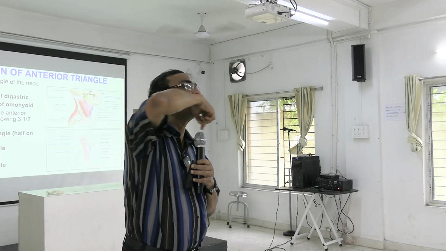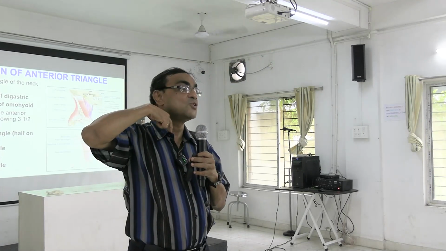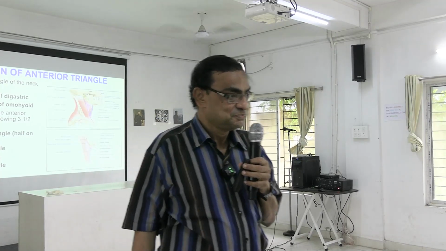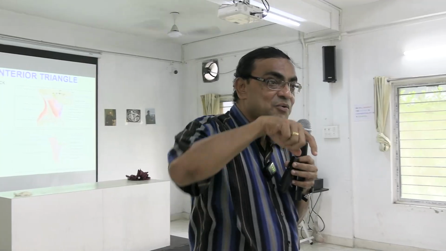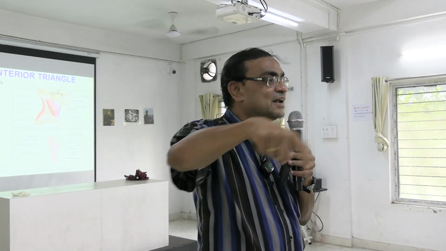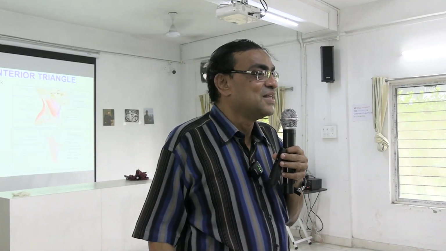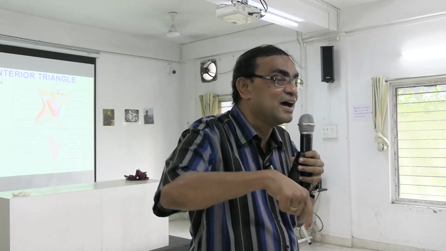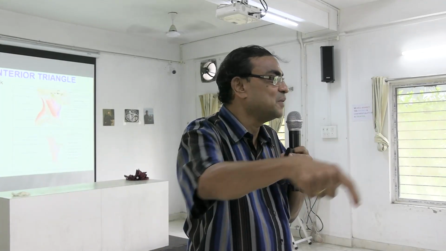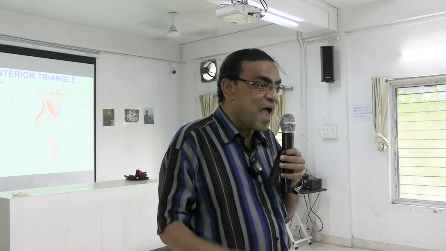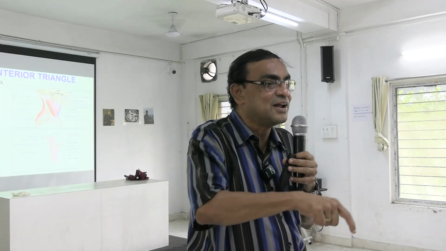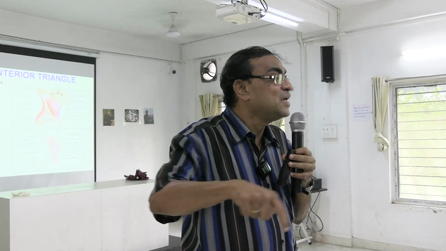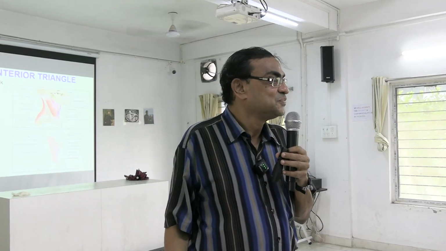Okay, so that big cylinder is called the investing layer of the deep cervical fascia. Then we can get the concentric middle cylinder, that is in front of the trachea, so the pre-tracheal layer of the deep cervical fascia, and the innermost cylinder of fascia, that is the pre-vertebral layer of fascia.